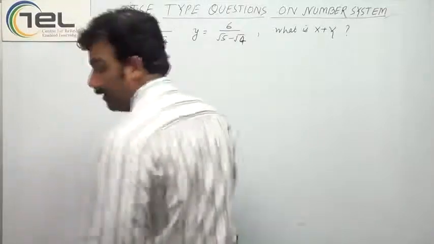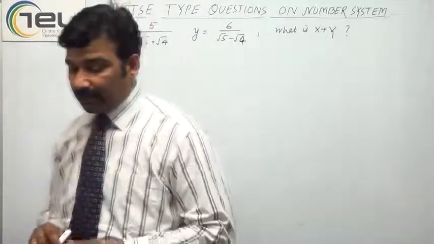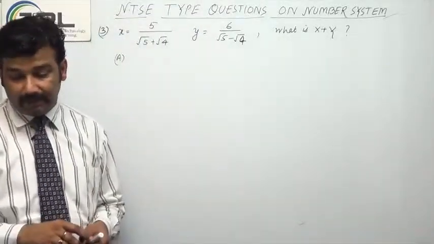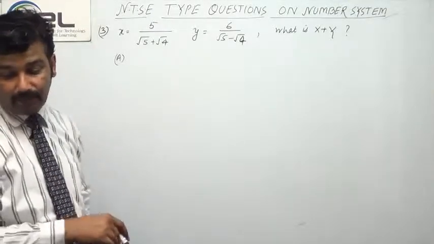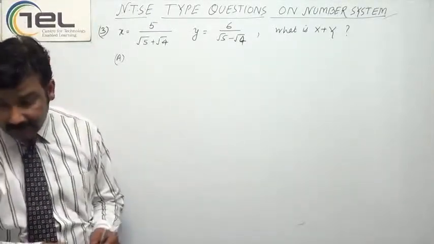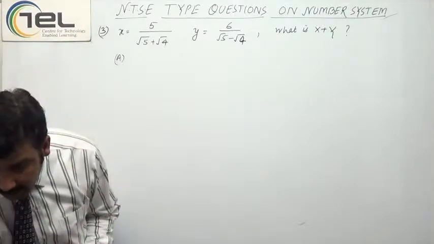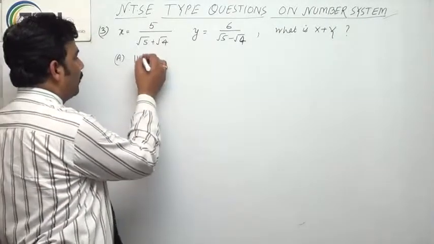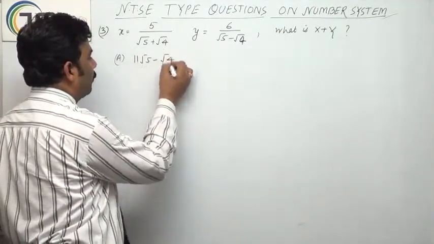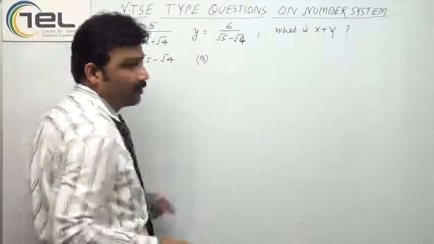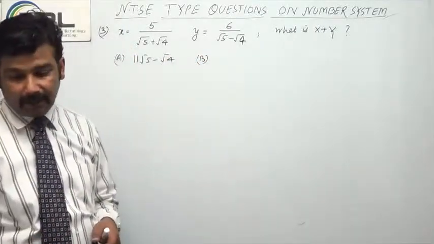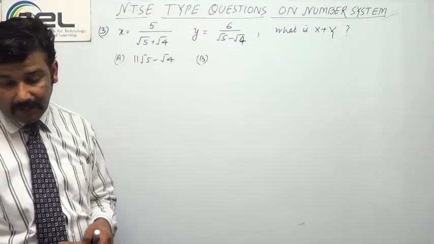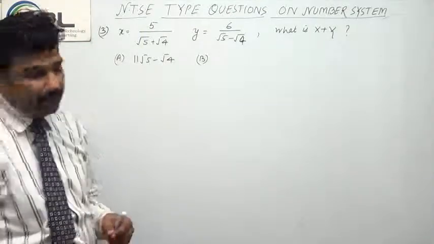Options are given as, we have the options for them as A, 11 root 5 minus root 4. B option states that it will be 11 root 5 plus root 4.